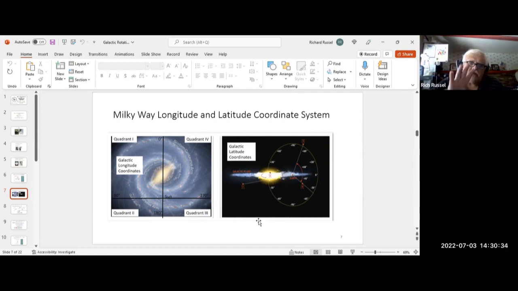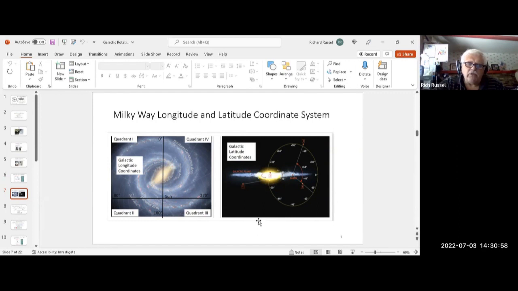If you look at that picture, by the way, nobody actually took that picture. That is a simulation of what the galaxy looks like. But the sun is approximately 8.5 kiloparsecs away from the center of the galaxy. And they got different quadrants. Right now, the formulas I show you only work in quadrant 1.